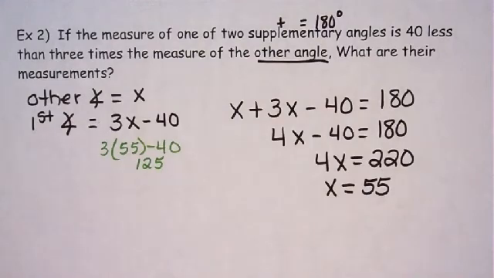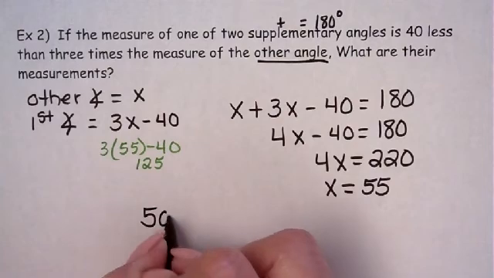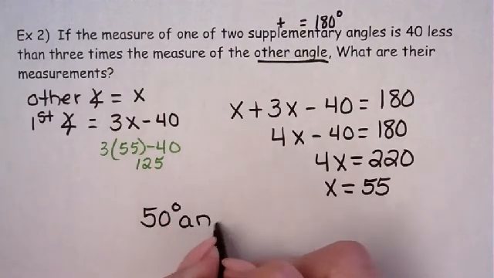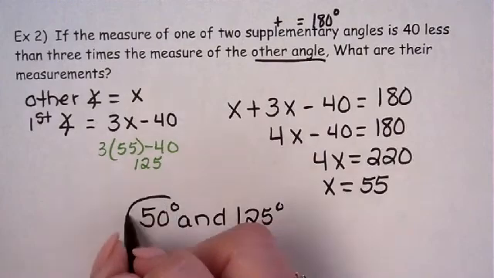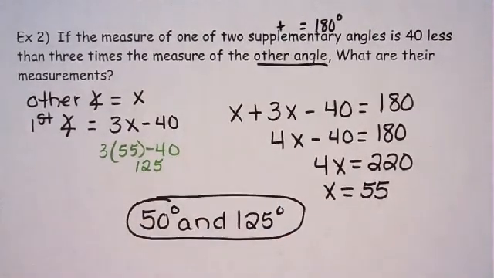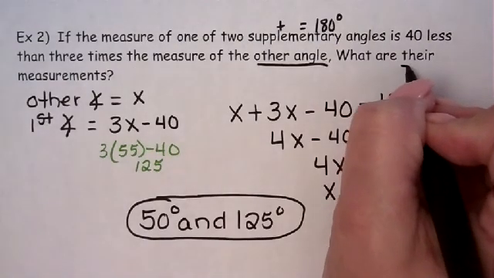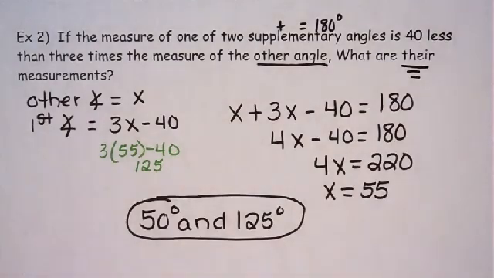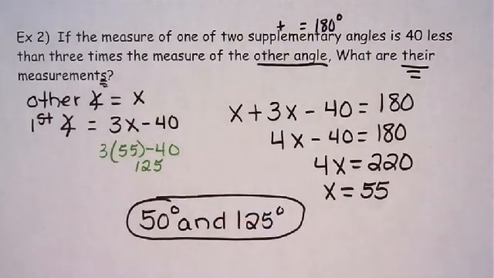So that tells me that my two angles are 55 degrees and 125 degrees. Notice I didn't leave off those degree symbols. That's a unit of measurement. You should always have your unit of measurement in your answer. The reason I know they asked for both of those is it says what are their measurements, and notice this is plural. So they're wanting more than one number for an answer.